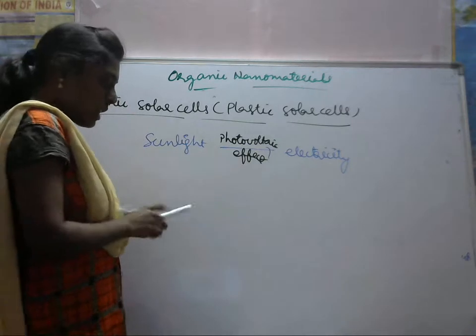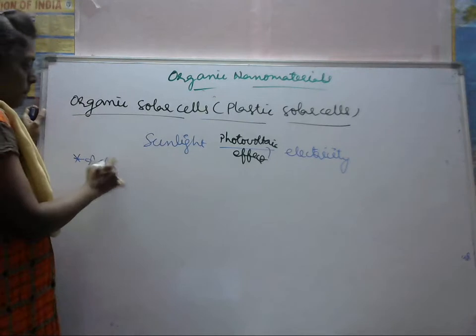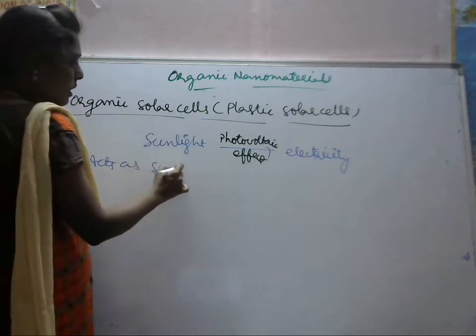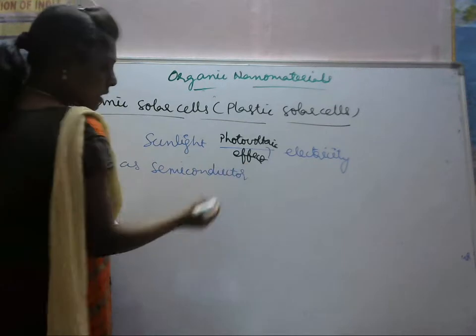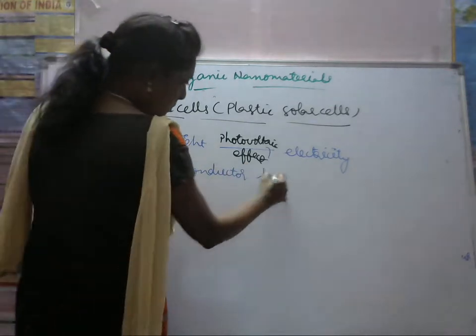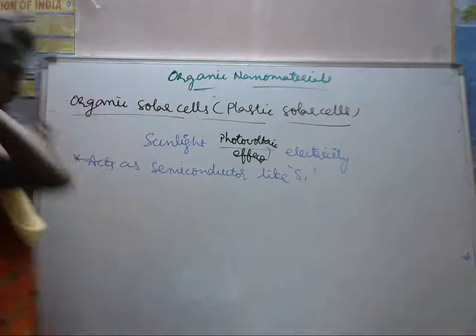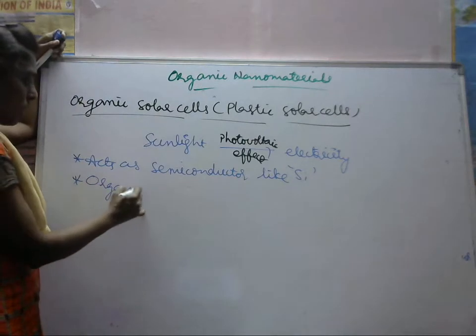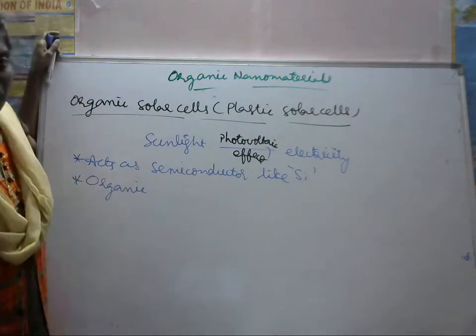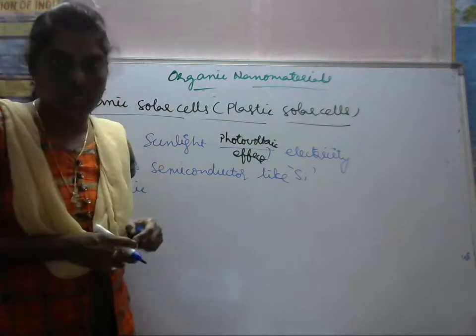These act as semiconductors, like silicon. When compared with inorganic ones, organic solar cells are less expensive, meaning they are not as costly.